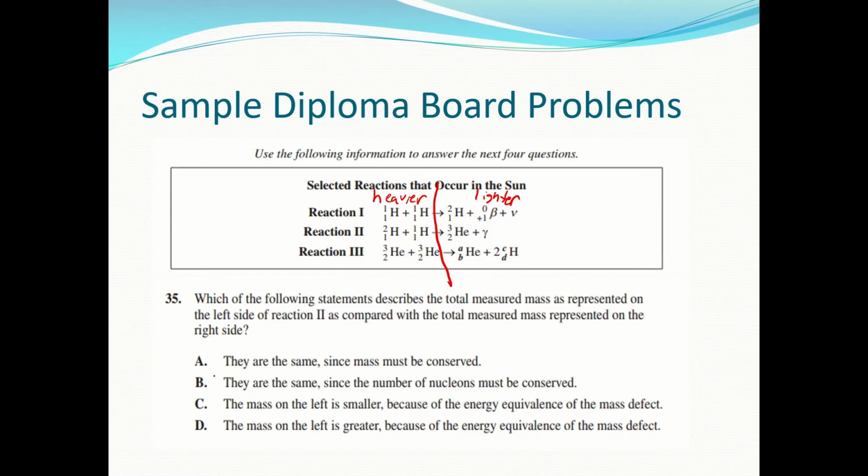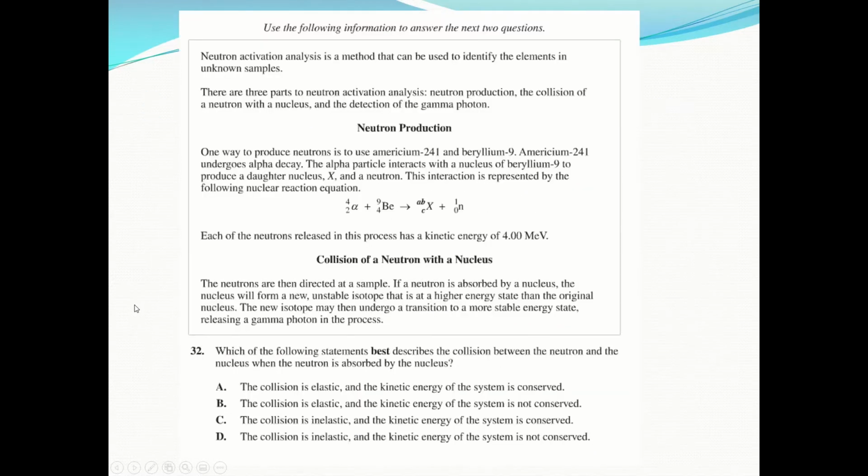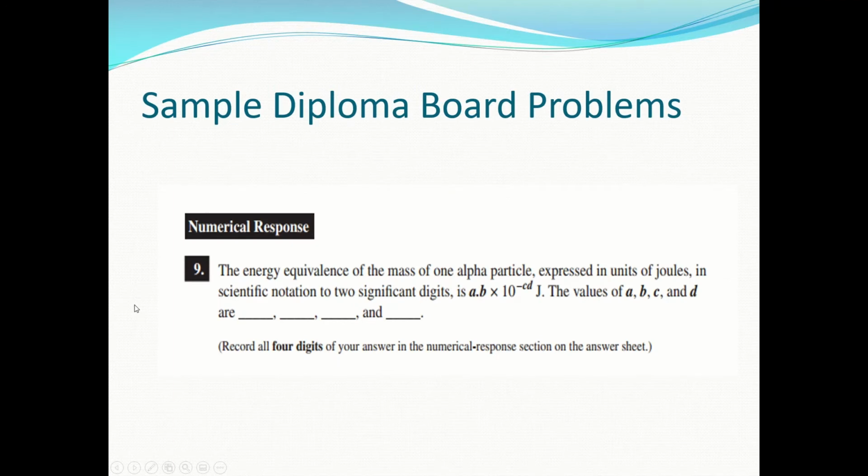So the left side is going to be greater, and then the energy equivalence of the mass defect, the energy equivalence of the mass of one alpha particle. So that's just E equals mc squared.